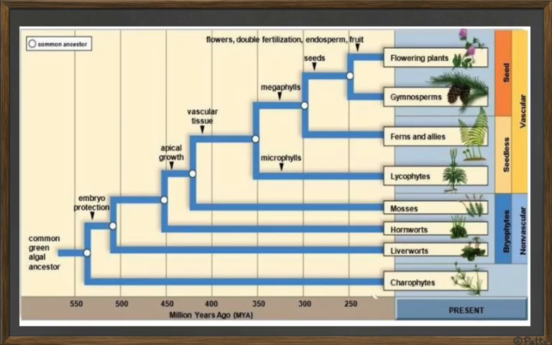Here is the evolution of the land plants, and over here the evolution of the flowering plants, which branched from the gymnosperms. So the flower appeared about 250 million years ago, but only quite recently, 100 million years ago, did the flowering plants become important in the plant scenario.